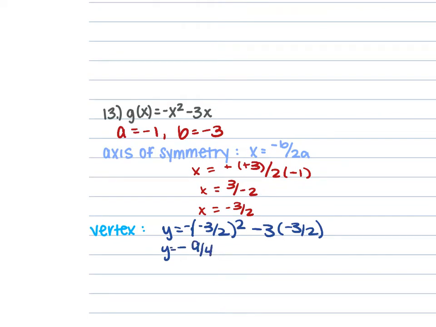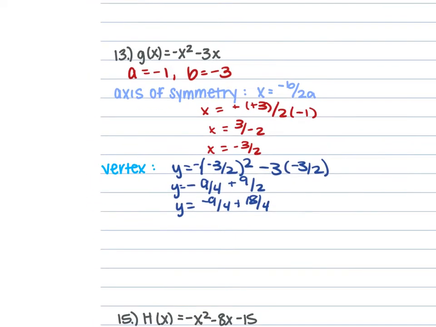The negative 3 times negative 3 over 2 is positive 9 over 2. So this is going to be y is equal to negative 9 over 4 plus 18 over 4. So we're going to simplify this to give us y is equal to positive 9/4. So our vertex is the ordered pair, negative 3 over 2, comma 9/4.